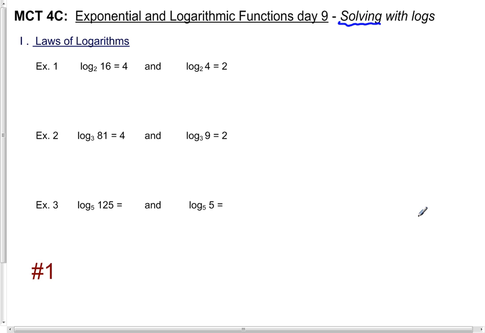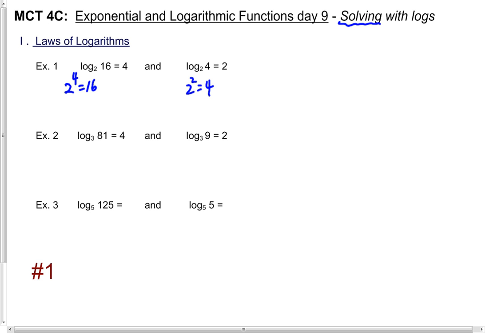So our first example here says if log base 2 of 16 equals 4, because, kind of off to the side, we'll say, yeah, that's true, because 2 to the 4 is 16. And log base 2 of 4 is 2, and that's true because 2 to the 2 is 4.